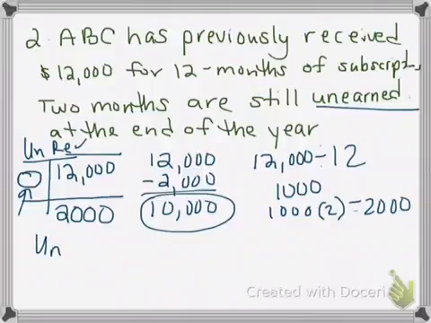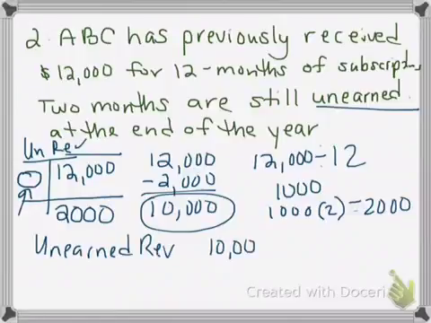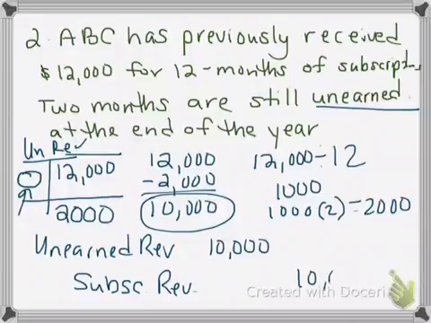So we would have unearned revenue, debit of 10,000, and our credit account here is going to be that subscription revenue account for 10,000. Again, my debit amount has to equal my credit amount. So if one's 10,000, the other has to be 10,000.